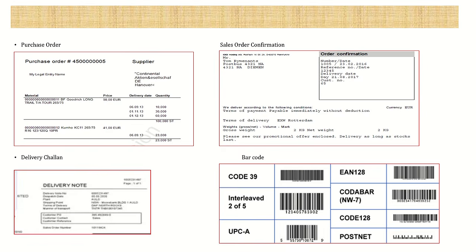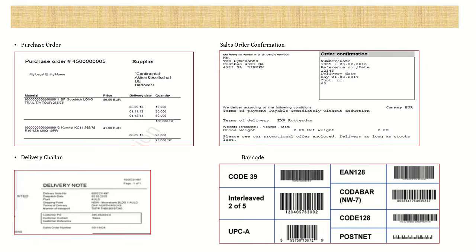And similarly, we might need to print a barcode for internal purposes or to stick on the outgoing product. These are some examples of documents. Like this, there are many documents which a company needs to print.